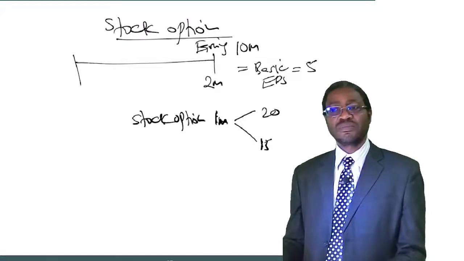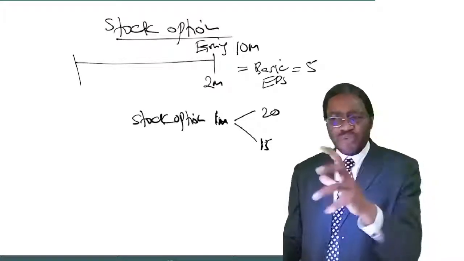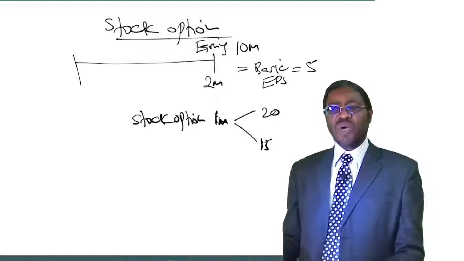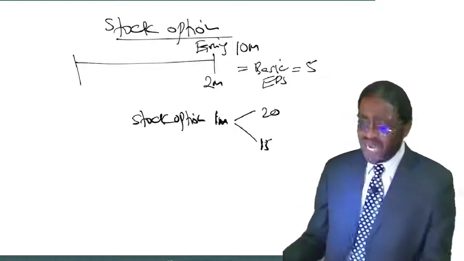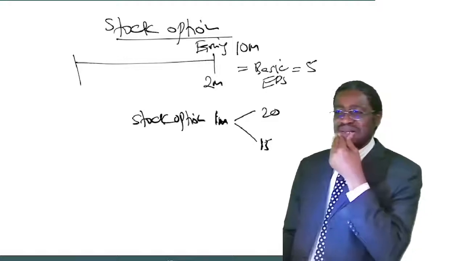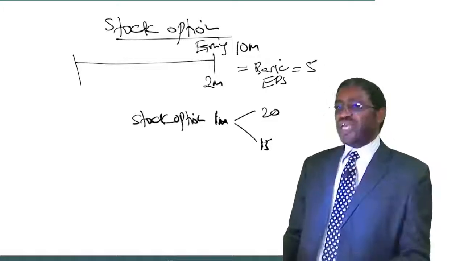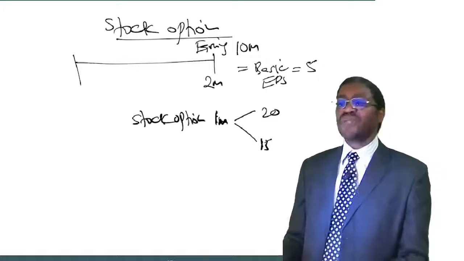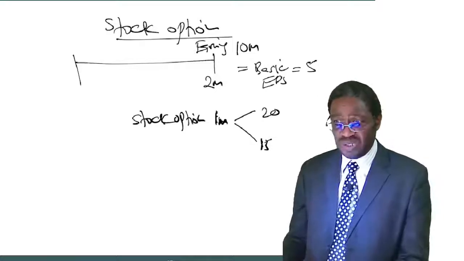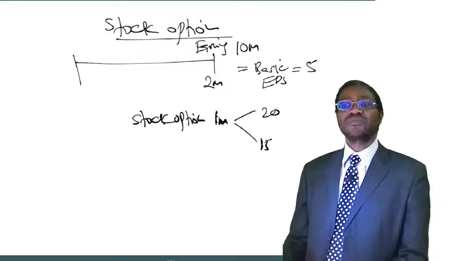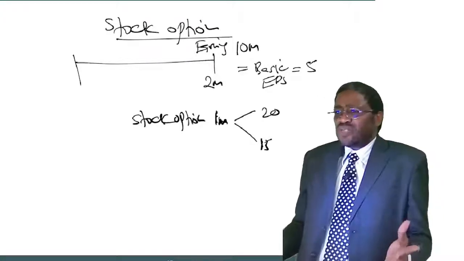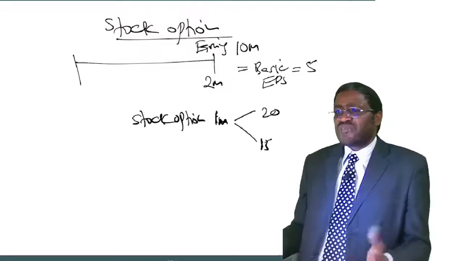I do hope you remember when we were discussing basic earnings per share, we said if shares are issued on the exercise of a stock option, what happens? Suppose the company had issued the 1 million shares at 15 shillings.